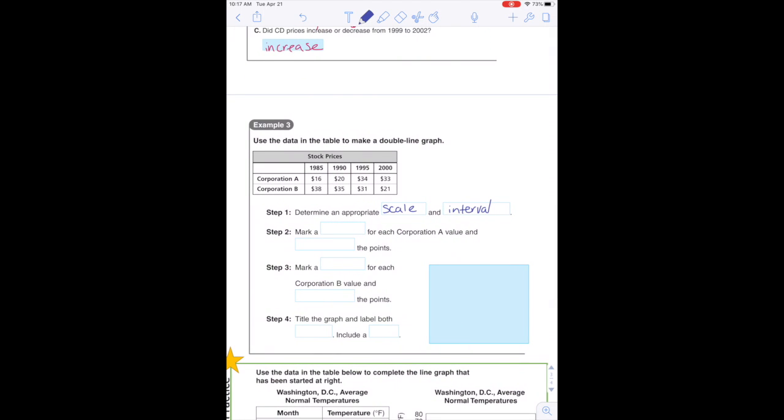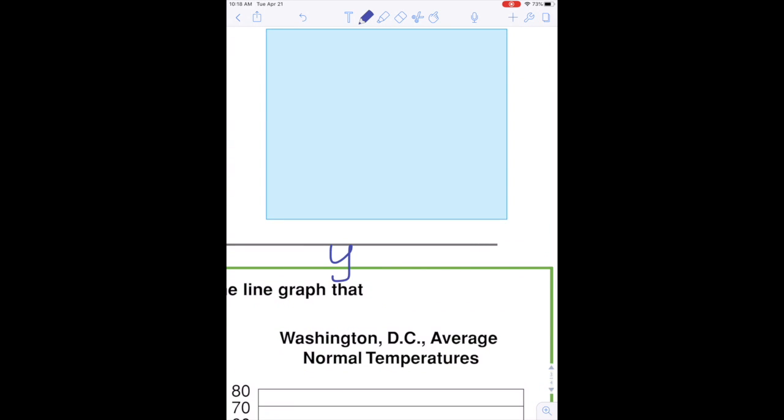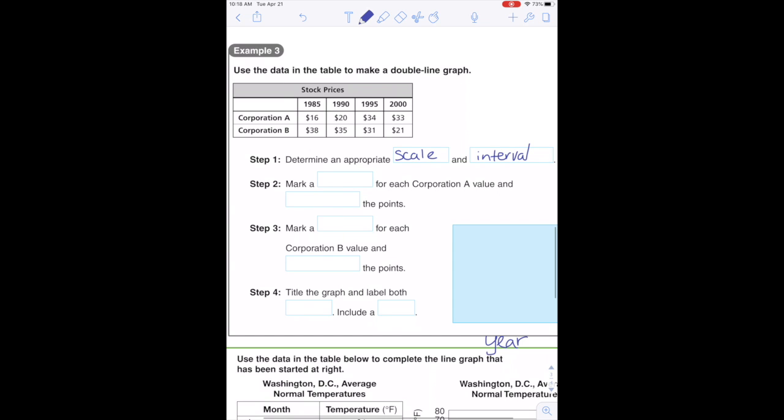So we should already make sure we have our axes on there. Again, we always put time on our horizontal axis, and our vertical, our y-axis, will be price of stock. So you might need to turn your iPad.